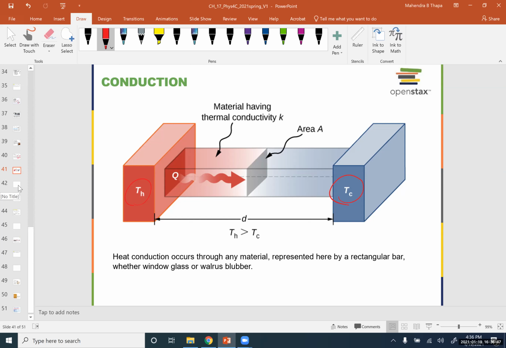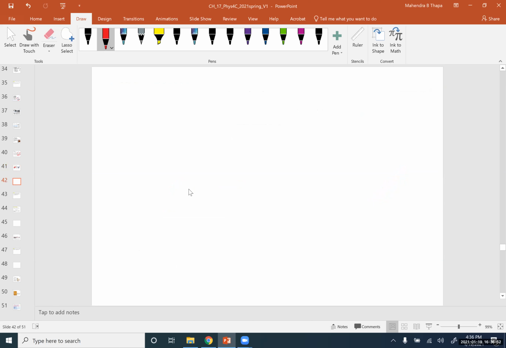So if the hot object is at higher temperature and the other object is at lower temperature, I'm drawing a simplified picture over here. This is the uniform rod that you saw just before. This side is the high temperature end, this is the low temperature end. For example, you can join this side to a heater and put the other side in ice.